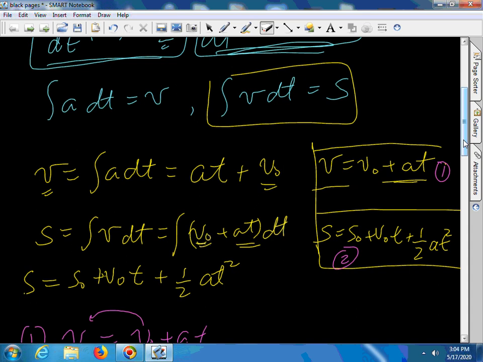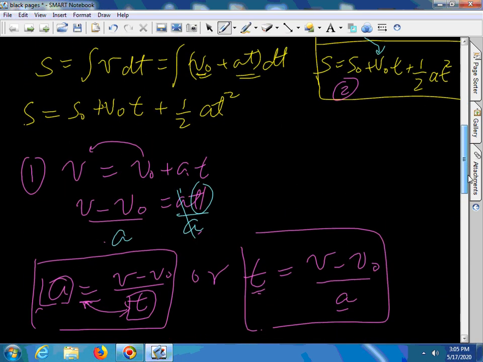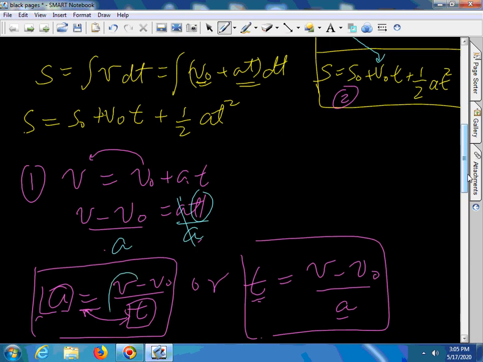Now, for example, you can solve this for v0, which will be v minus at, and maybe you can plug that in right there. Or, as we did, we solved 1 for a. You can now take this way of writing a and plug it in right there.